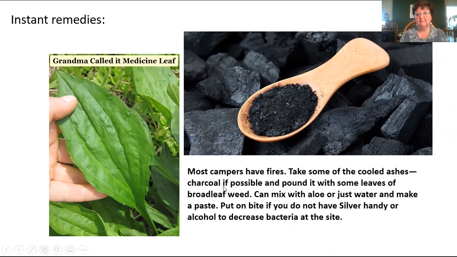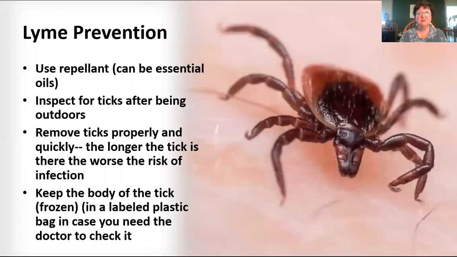So you can mix it with aloe, or if you have silver gel, that's really the optimal, because silver gel is antibacterial, antimicrobial. That is a really good thing to have on hand for immediate use right after the tick bites.